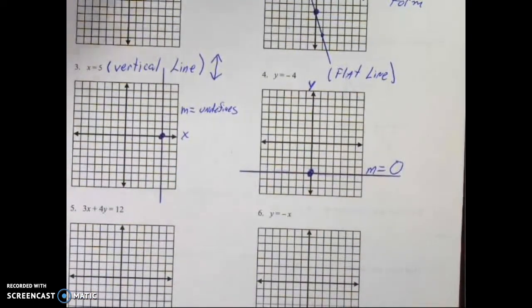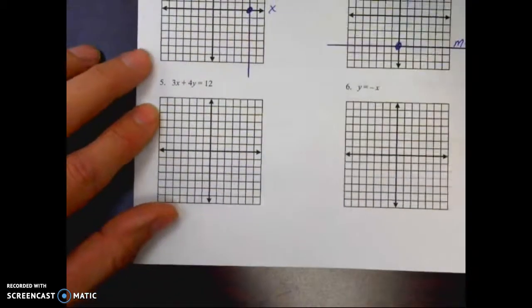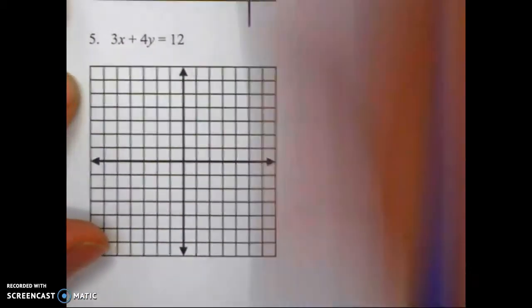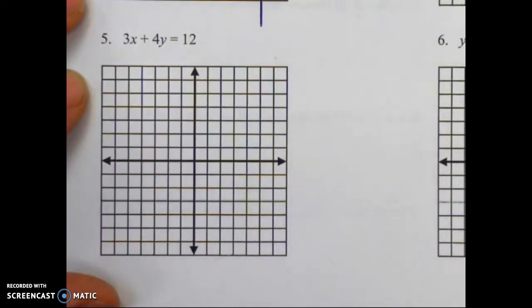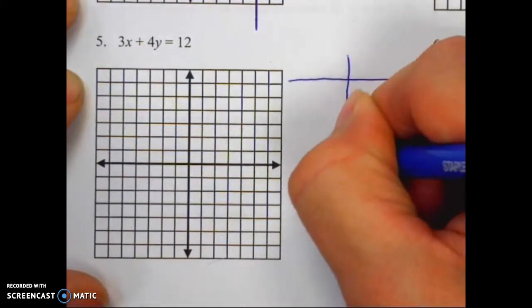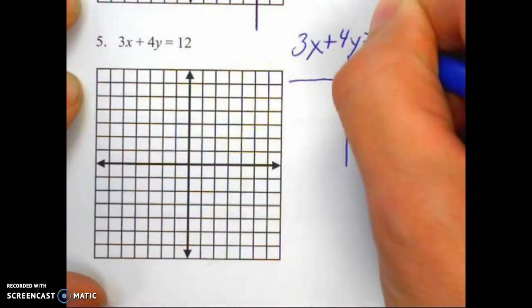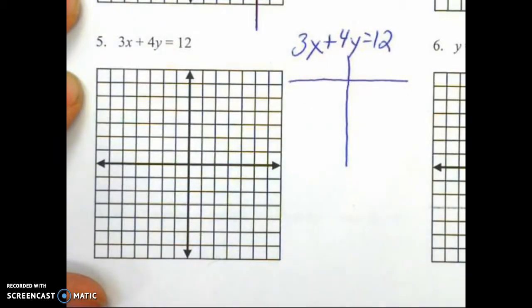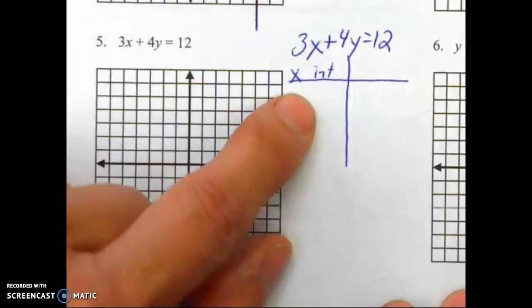All right, so now let's go to the bottom 2. Now this one is not, I'm going to zoom in on number 5. Number 5 is not in y equals mx plus b. So what I'm going to do is graph this by intercepts. If I rewrite it like that, remember the x-intercept means I get to keep the x and I ditch the y.